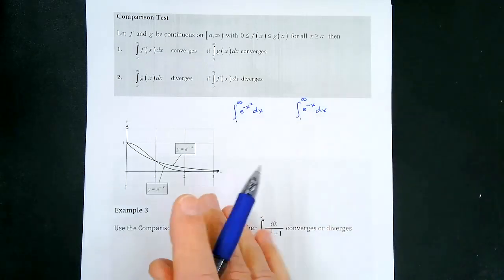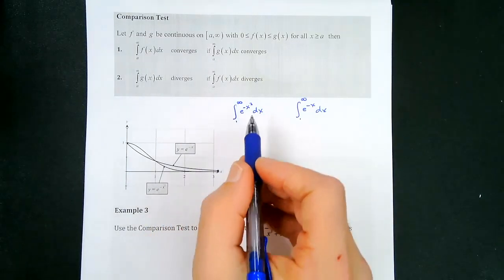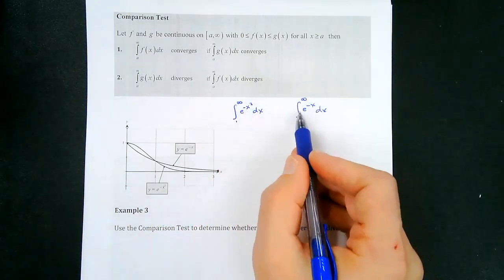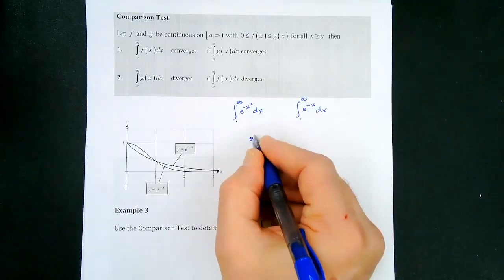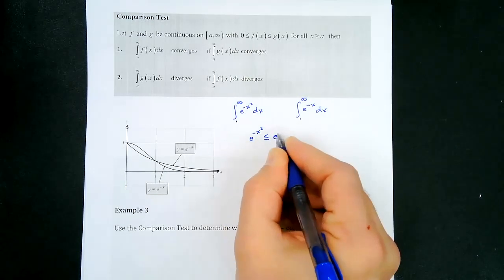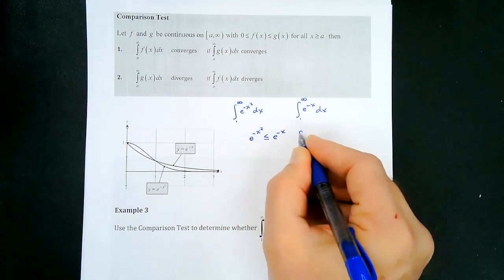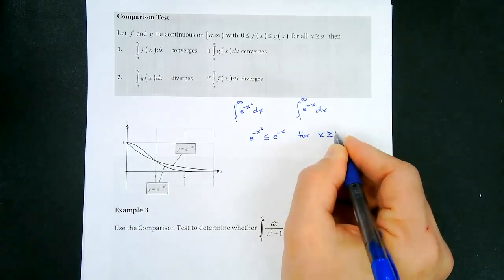This is a little example to explain this. There are ways to do this, but we can tell from this graph that e to the negative x squared is going to be smaller. So e to the negative x squared is less than or equal to e to the negative x for x greater than or equal to 1.